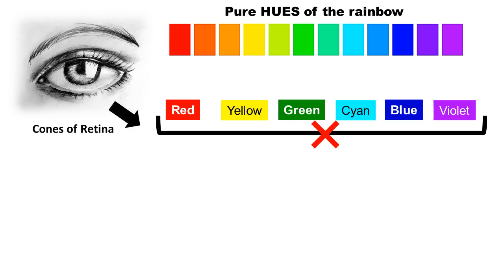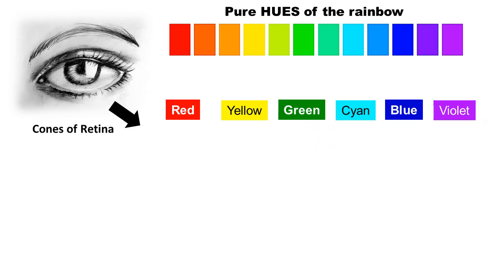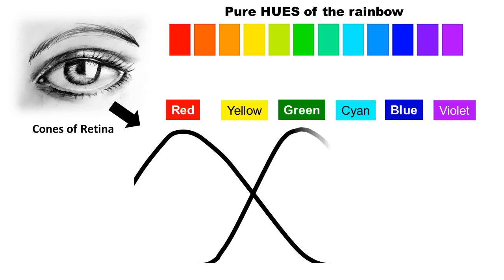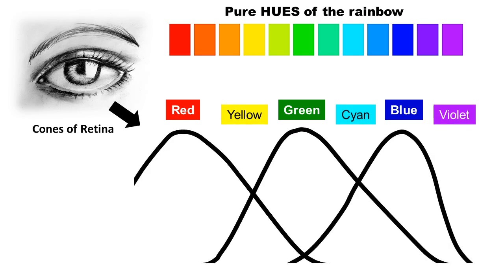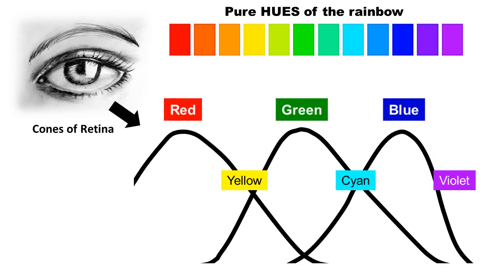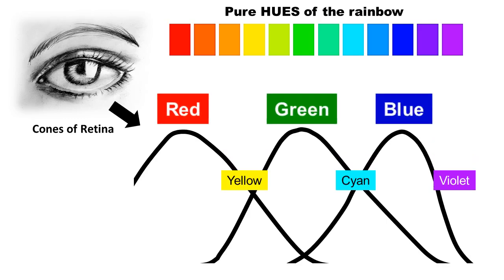But that's not the case. Specific cone cells are sensitive mainly to red light, others to green light, and others to blue light. The cone cells are distributed over the surface of our retina, so we get an even colour image over the retina.